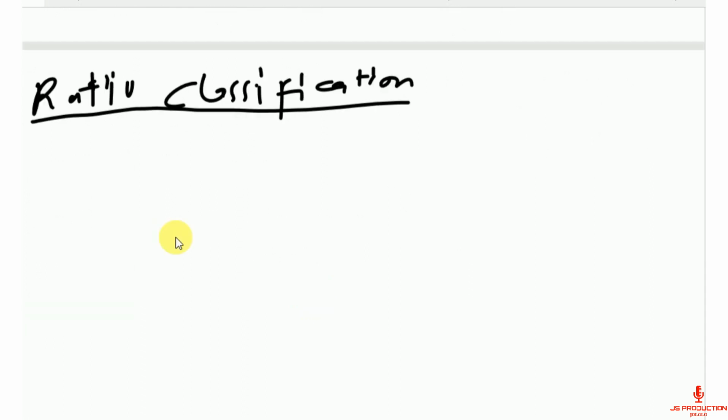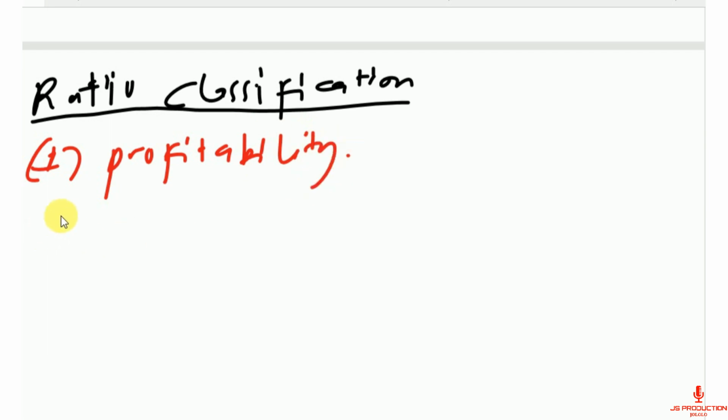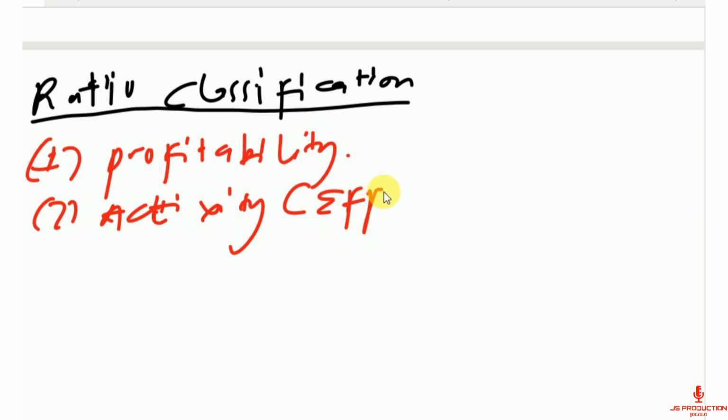So let us now look at ratio classification. The ratios are classified into different types. The first type of ratio is the profitability ratio. We also have the activity or efficiency ratio.